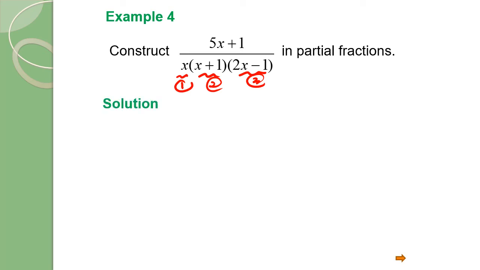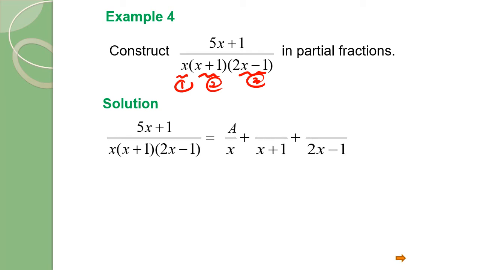So how to write this in partial form? The first linear factor is x, so we have A over x. The second factor is x plus 1, so we have B over x plus 1. And the third factor is 2x minus 1, which is C over 2x minus 1.